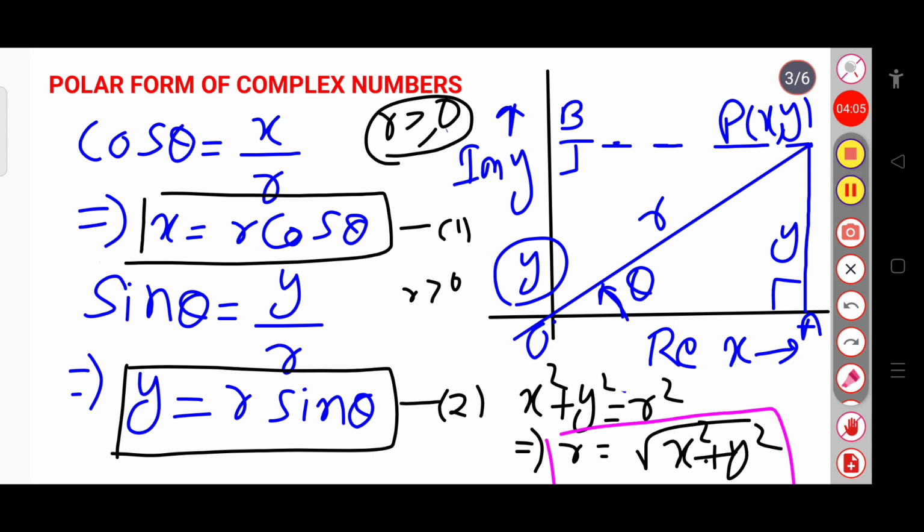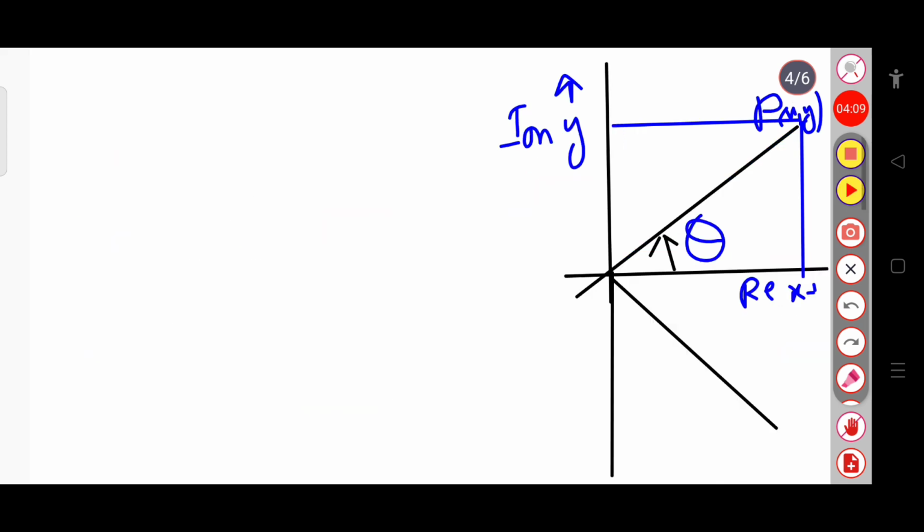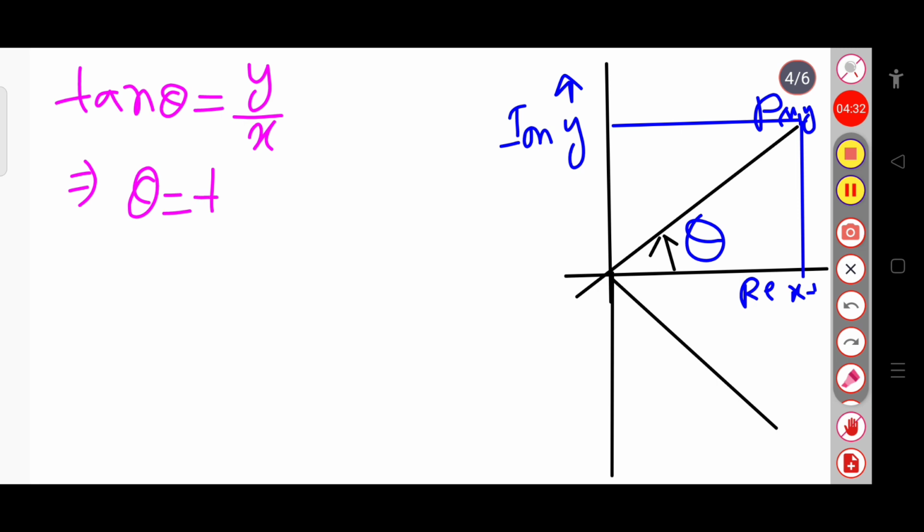Now we can calculate theta. We know tan theta equals P by B. P is here y, divided by x, so theta equals tan inverse of y by x.